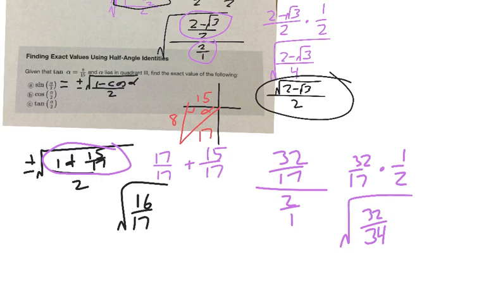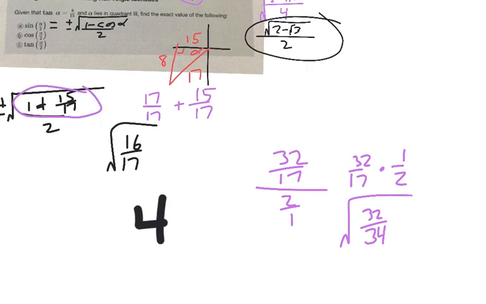I can break a square root across a fraction to the numerator and the denominator. So I like that because the square root of 16 is 4. Okay, the square root of 16 is 4 over radical 17.